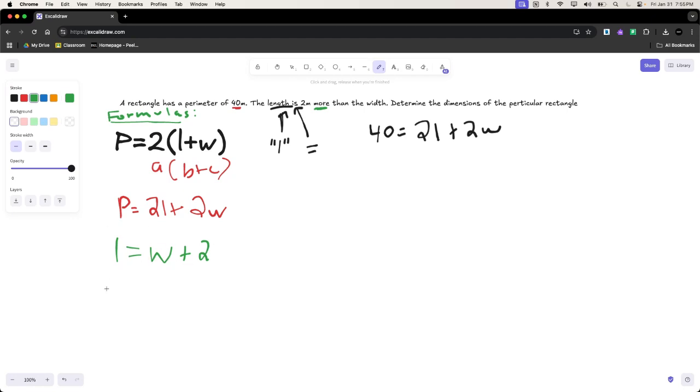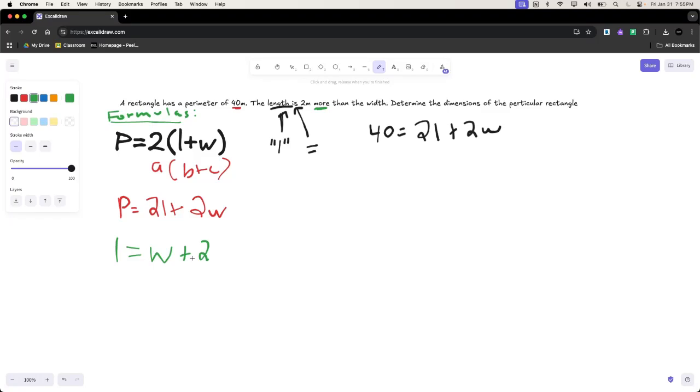So here is this sentence translated into a mathematical expression, because all these word problems are literally just translating what you see in words into math equations. So now we actually have a value for length, and that is W plus 2, or width plus 2.